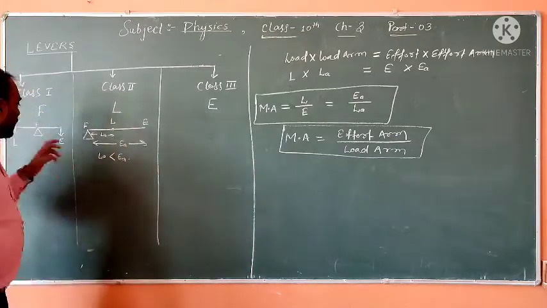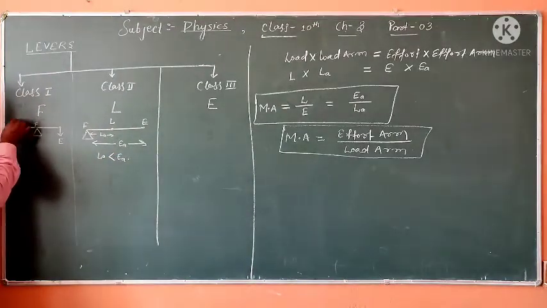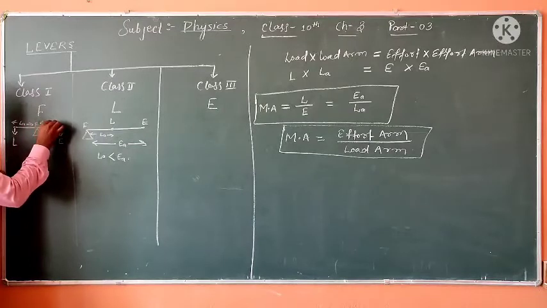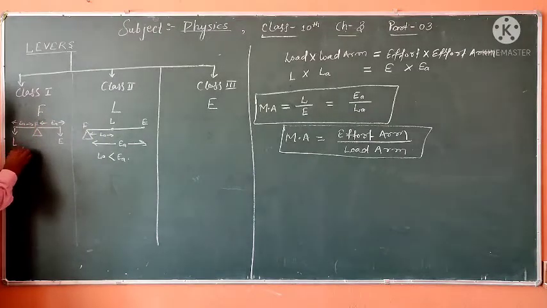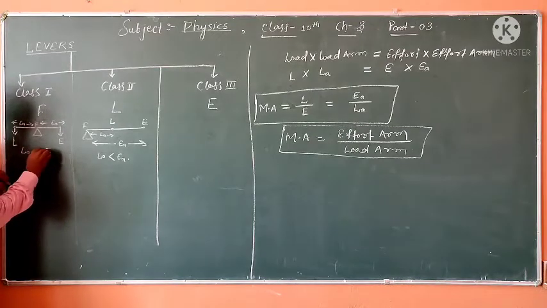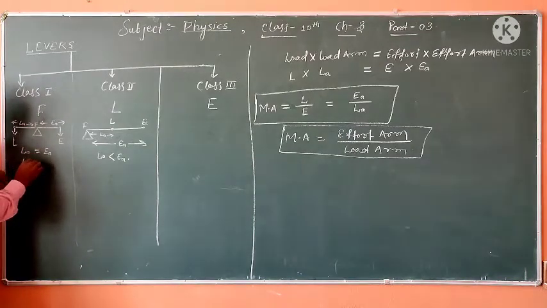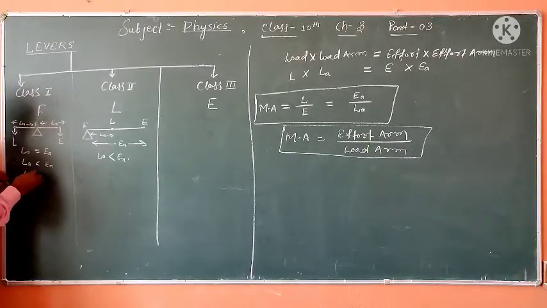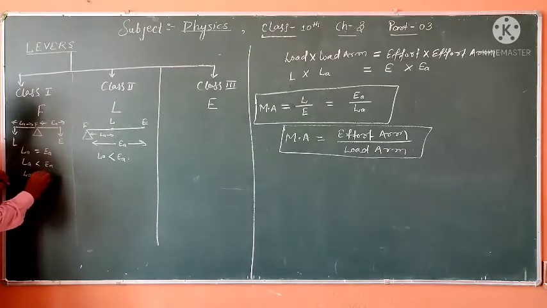In class 1, the load arm may be equal to the effort arm, load arm may be less than the effort arm, or load arm may be greater than the effort arm.